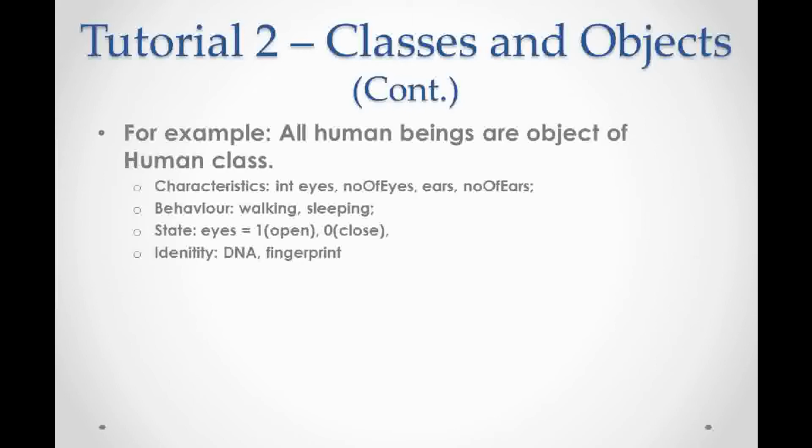Now, whenever any human object is created, values of these characteristics are given to it. That object can call any specific behavior to perform it. And definitely with those behaviors, the state of an object can change. And as you all know, we do have a certain identity which distinguishes us from other human beings.